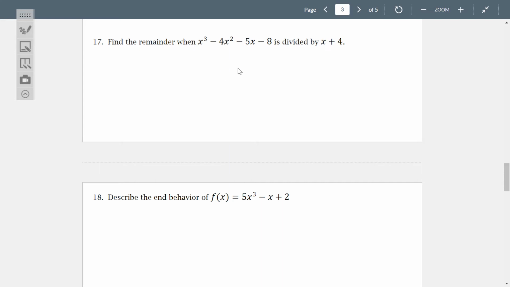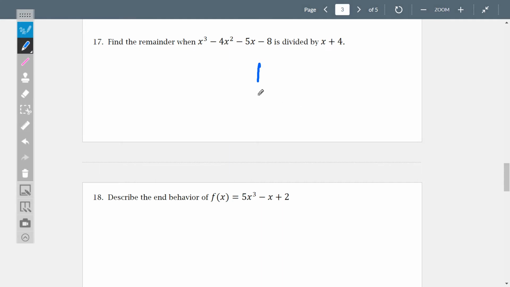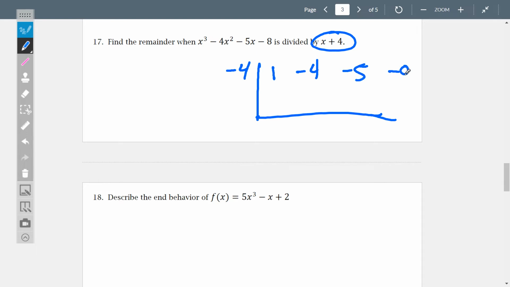Number 17, find the remainder when, okay, so we can use synthetic division to do this. So we'll put negative 4 on the outside, since we're dividing by x plus 4, we'll put the 0 on the outside. Then our coefficients, 1, negative 4, negative 5, negative 8. This one comes down, and then we multiply them and add them. So negative 4 times 1 is negative 4.